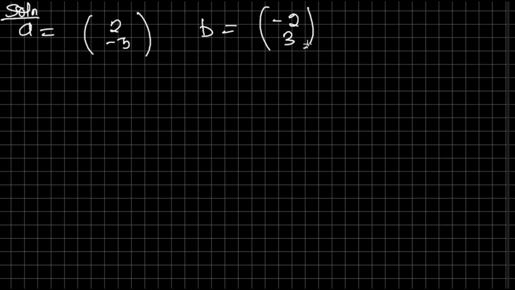So we have the solution. Vector A is equal to (2, minus 5). Vector B is equal to (minus 2, 3).